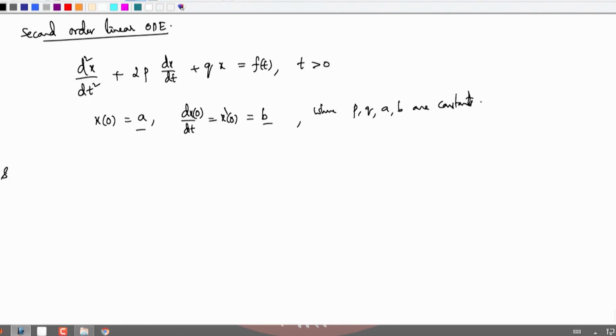So, the solution is by applying the Laplace transform to the equation.